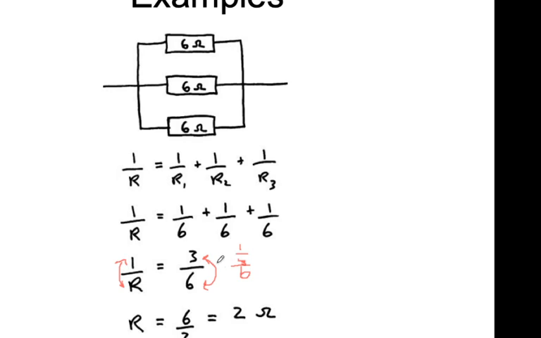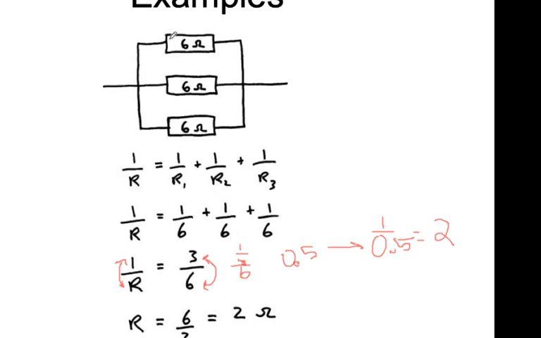If you're working with decimals, like if I had 0.5 instead of 3 over 6, I would go 1 divided by 0.5, which gives me 2 ohms. So it depends whether you prefer working with decimals or fractions how you calculate those reciprocals.